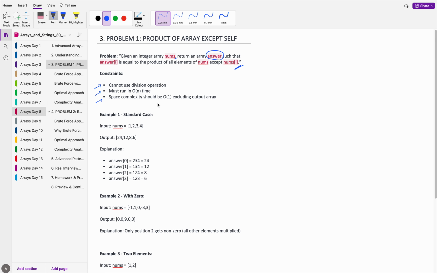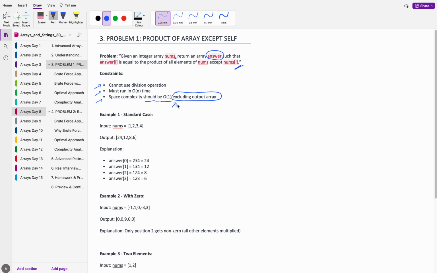Space complexity, now here they have written it should be O(1) excluding the output array, because they want the answer for all the items present in the input array. So that's why they want the answer in an output array, but you should not consider it in extra space.